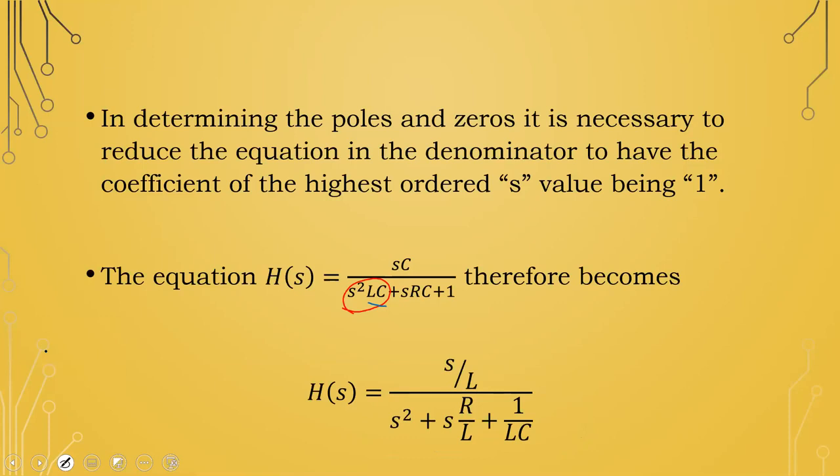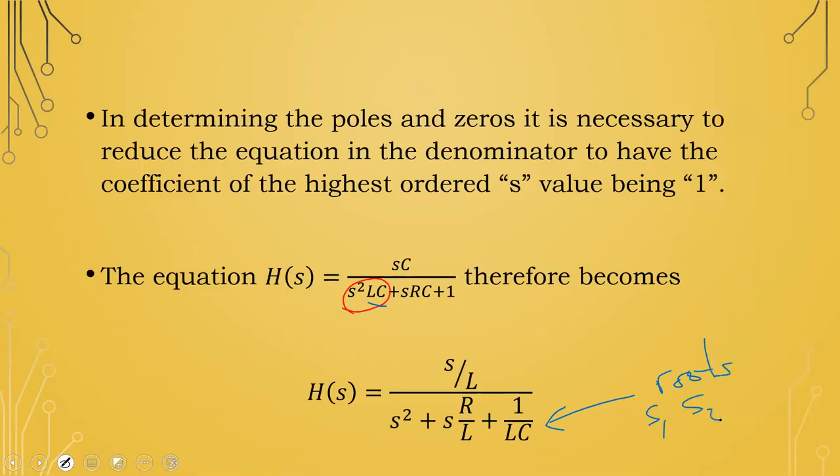So H of S would be S over L, over S squared plus S times R over L plus 1 over LC. So of course, the poles would come from the roots of this equation, the roots of the denominator, which would be S1 and S2.